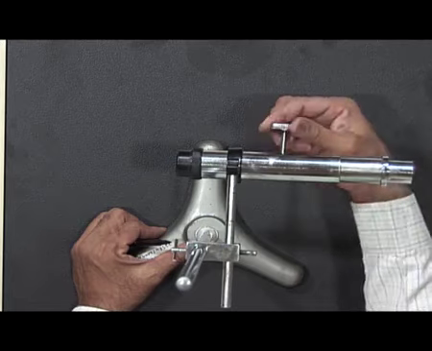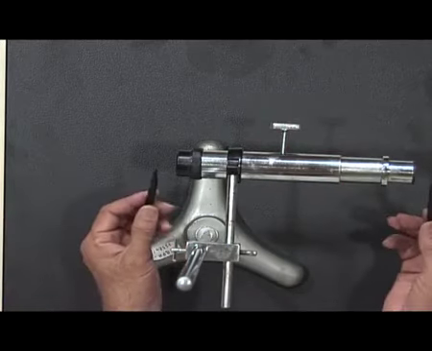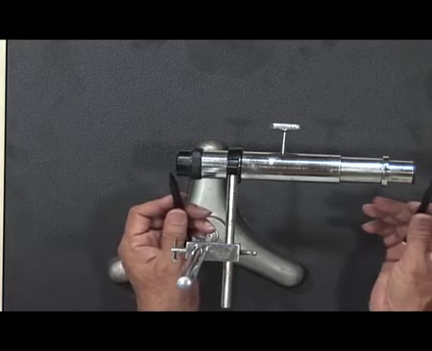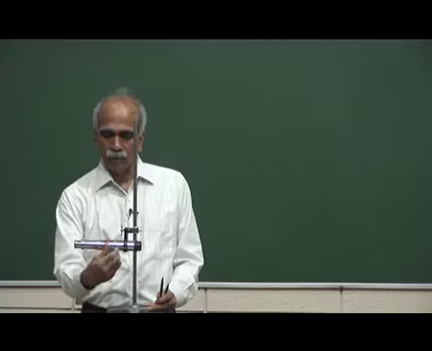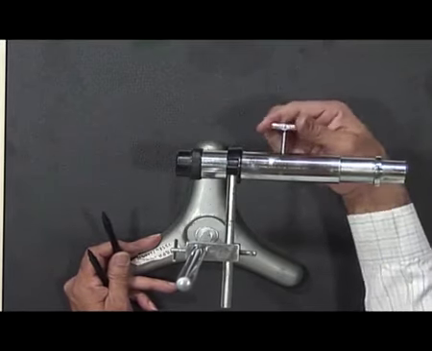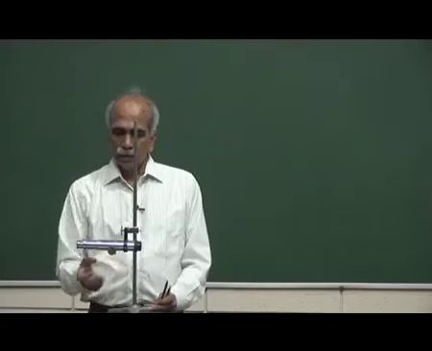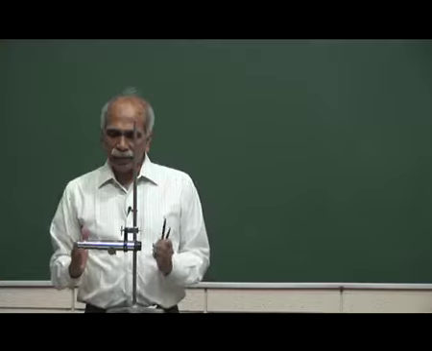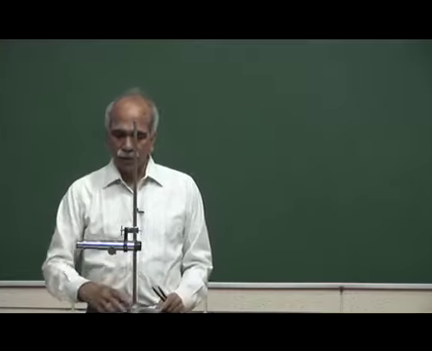We can change the separation between the object lens and the eyepiece by moving this knob. This is important because by changing this we can adjust the separation such that we get a clear image of a distant object.